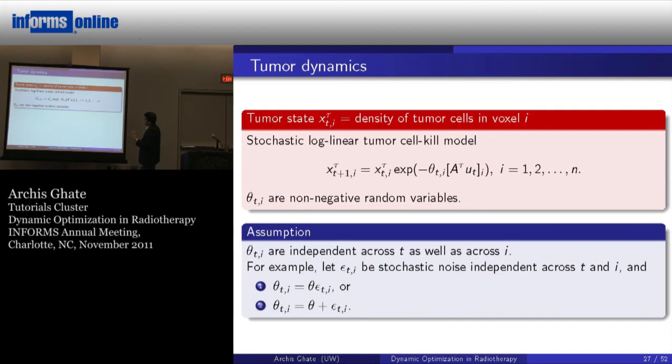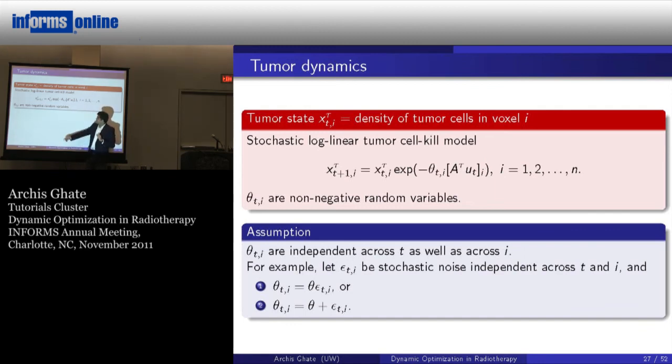In fact, the alpha over beta ratio is high for these tumors, so I'm actually ignoring the quadratic term here. We don't have to do that; in fact, we have follow-on models where we did not. There are a lot of different ways in which you can model uncertainty in tumor response. This is one example of doing that. So all I'm doing is using a similar log linear model here instead of log linear quadratic.